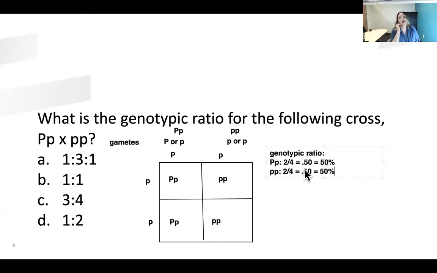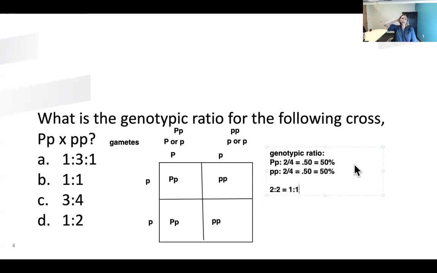Now, notice that you do not see a 2-to-2 genotypic ratio in the answers. That is because I simplified the ratio. So a 2-to-2 ratio is the same as a 1-to-1 ratio. You take the smallest number in your ratio and divide it into the other numbers, right?